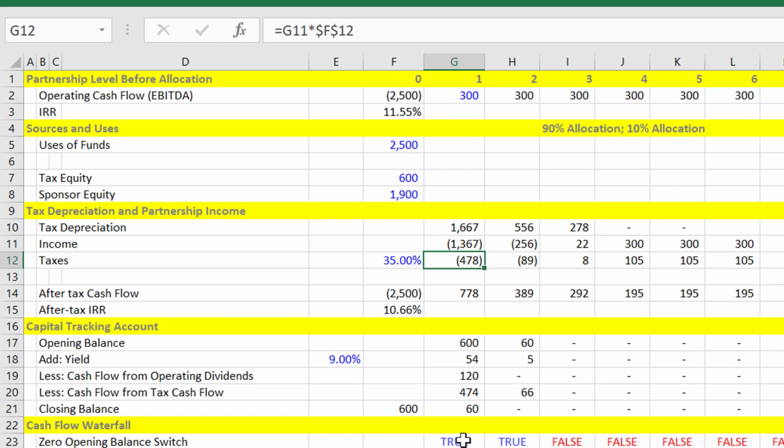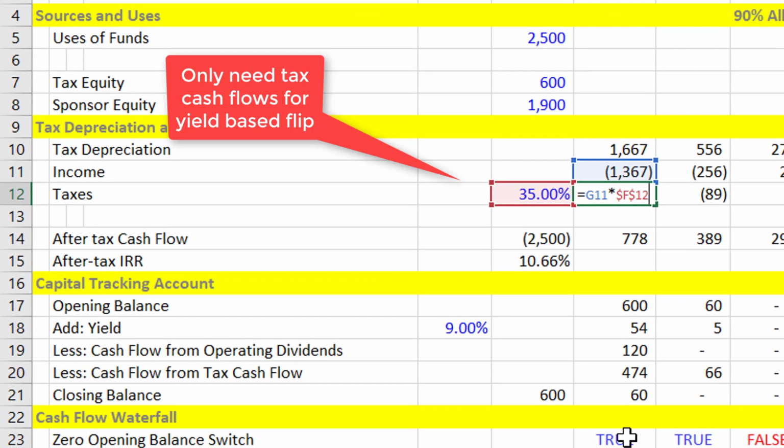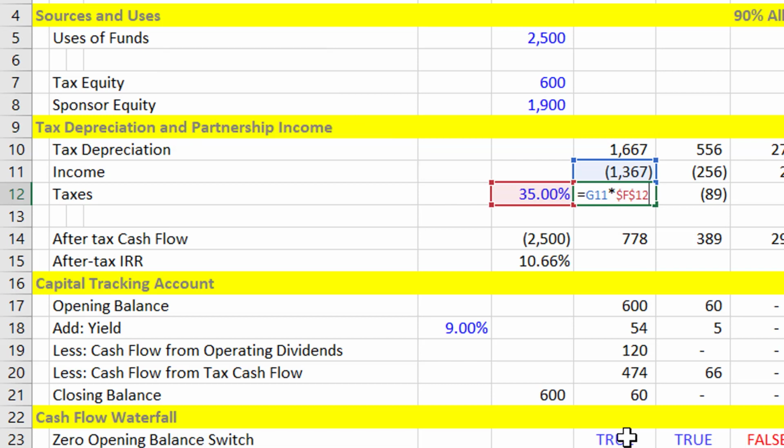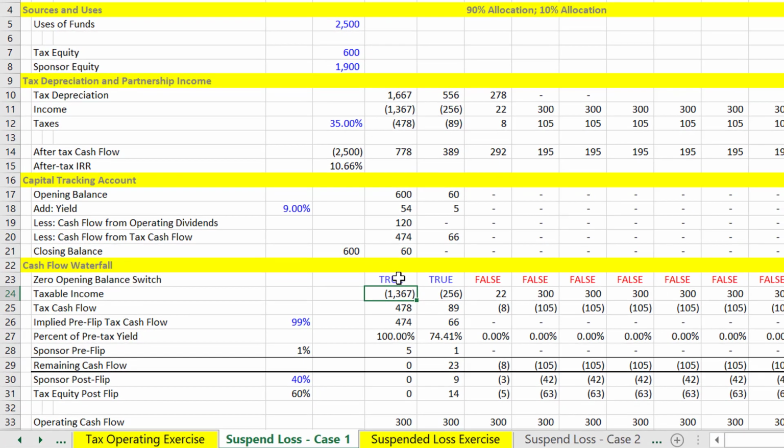The only reason you need these taxes is to get this tracking account working, because you have to convert the income into cash flow now. And we need that cash flow to get this yield, this tracking calculation.